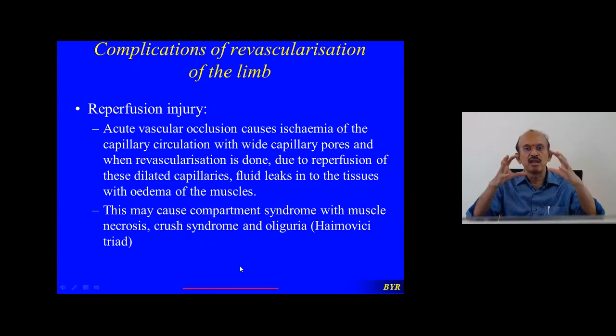So when the muscles swell there, they are unyielding. So they cause compression of the muscles with damage, and myoglobin is released into the blood circulation, causing oliguria. This is called Volkmann's triad: muscle necrosis, crush syndrome, and oliguria due to reperfusion of the ischemic limb.